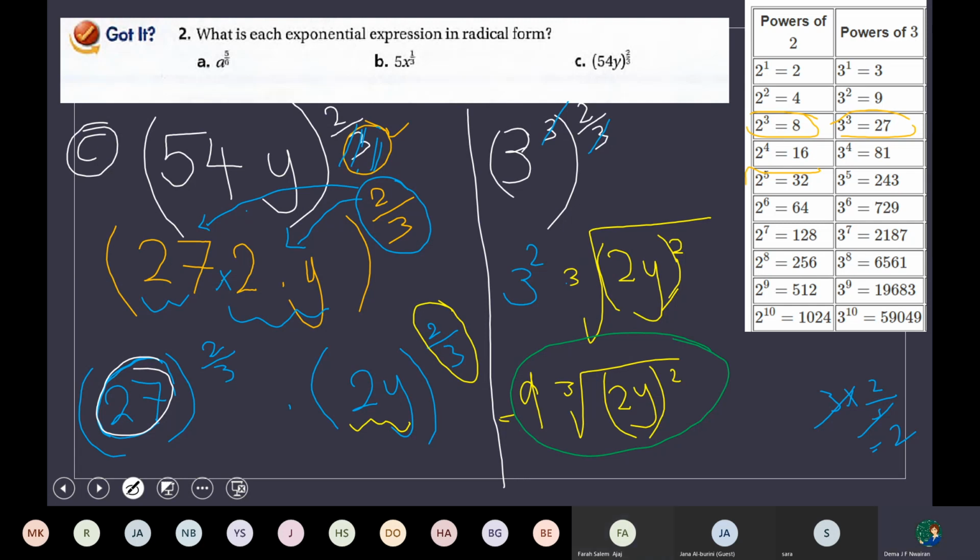Okay. If you have a power raised to a power, you have to multiply them. Yes, you rewrite it as 3 raised to 3 from the table here.